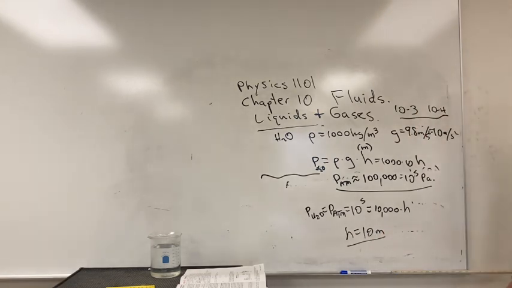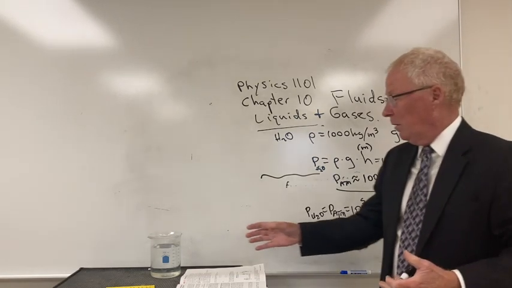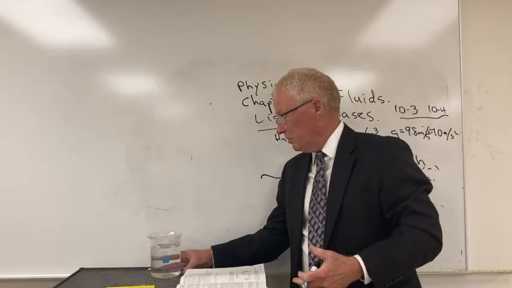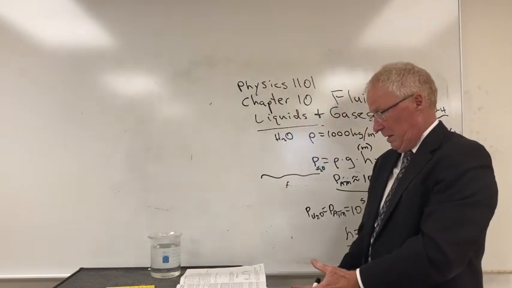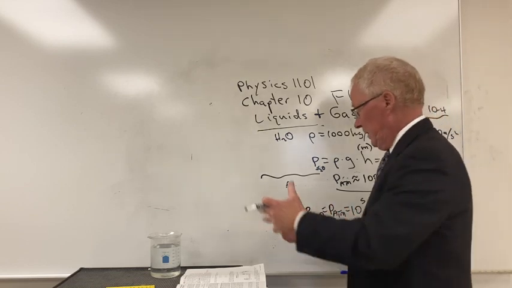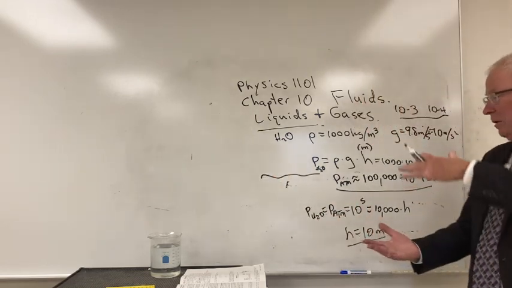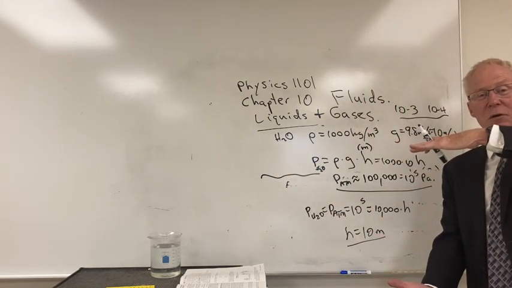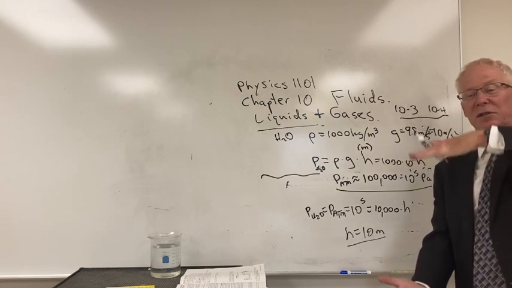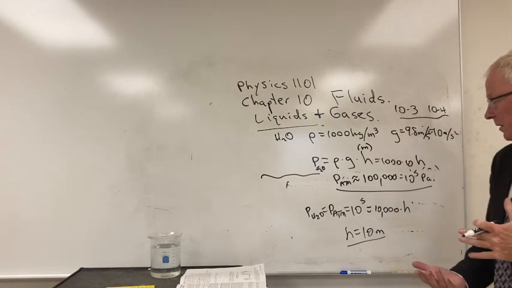So what this means is if we have a column of water 10 meters deep, the pressure of the water itself is going to be 1 atmosphere. So then the total pressure will be 2 atmospheres.